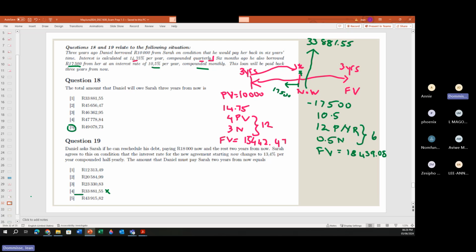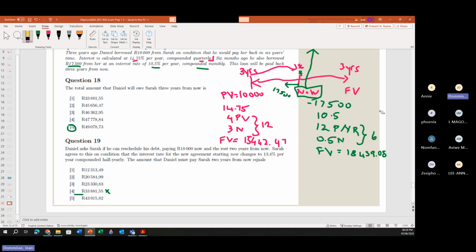Okay, but we are not done yet. So we've now worked out what those two amounts are at point now. Then from that point now, we are actually saying she is making an 18,000, Daniel is paying 18,000.